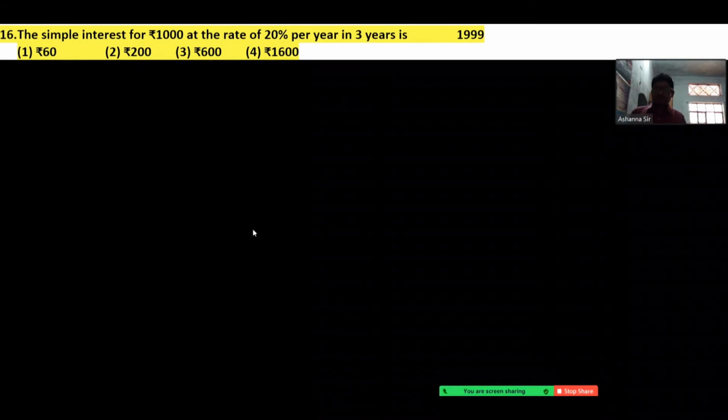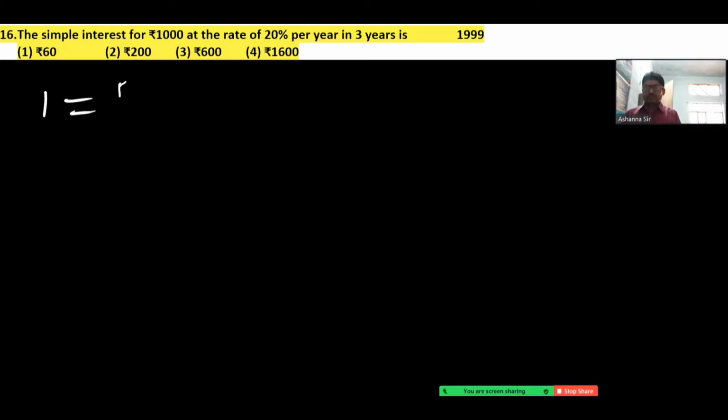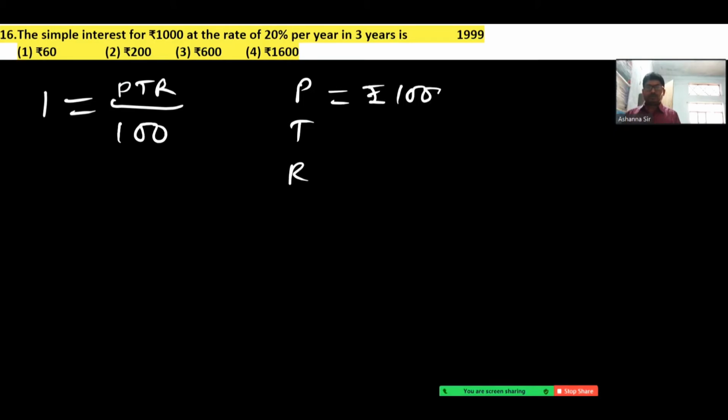16th question. The simple interest for 1000 at the rate of 20% per year in 3 years is... Here we have to find simple interest. I is equal to PTR by 100. Principal 1000 rupees, time 3 years, rate of interest 20%.